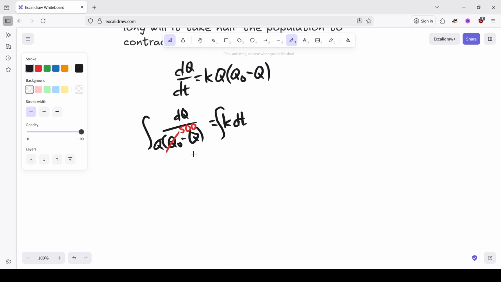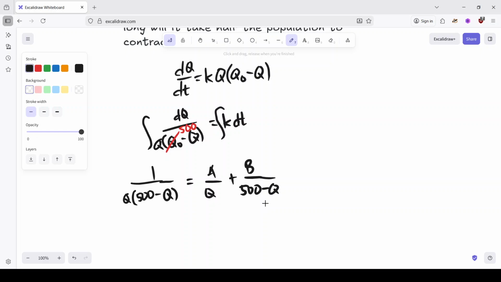Now, looking at this side, it becomes dQ over Q times (500 minus Q), which is a bit hard to integrate, and it is a fraction with factors as the denominator. Which means we can simplify this one using what we call partial fractions.